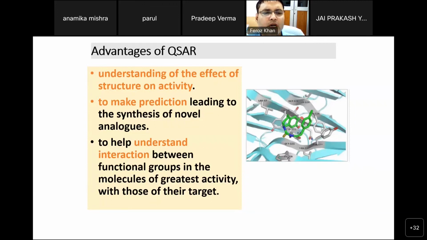And the most important part is once you develop a robust model accepted by reviewers worldwide, you can use this model to predict the biological activity of compounds having a similar kind of series or analogs you can synthesize, or even you can virtually design the molecules and check the activity. If it fits in the selected range, then it's good. Go for synthesis and spend some money, do some in vitro assay and find out the result. I'm sure you will get positive results.